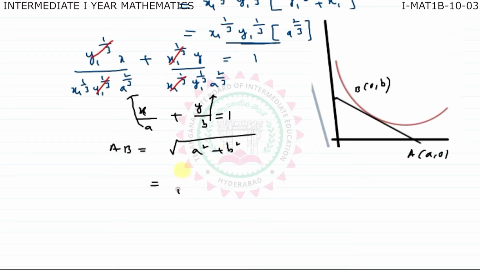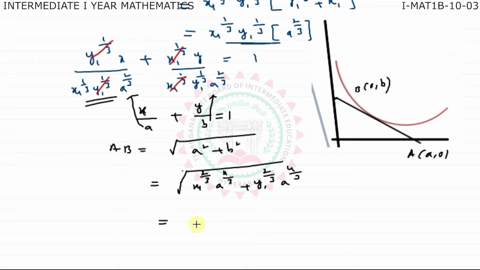On simplifying, a square means this particular term x1 to the power of 2 by 3 into a to the power of 4 by 3, plus b square means y1 to the power of 2 by 3 a to the power of 4 by 3.